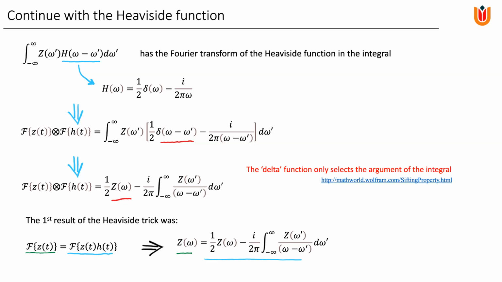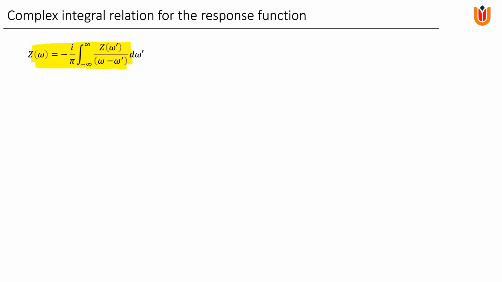So we can bring this part to the other side and end up with this complex integral for the response function. So this is the frequency domain form of the response function of omega, and we see here that we can express it as an integral of itself, basically.